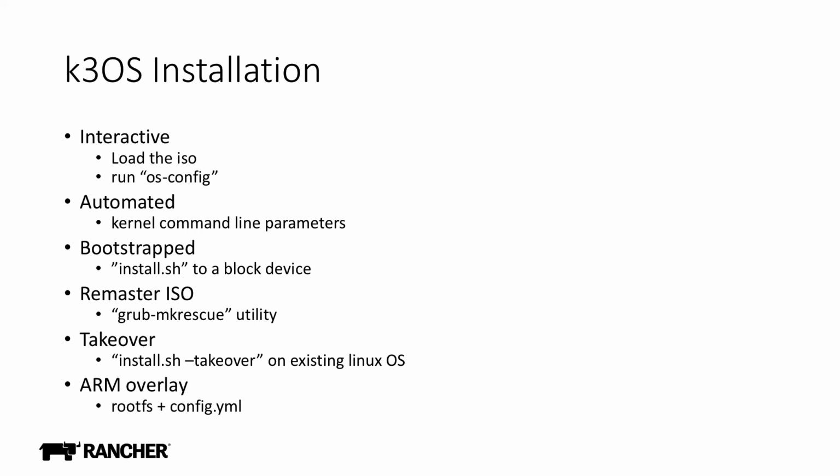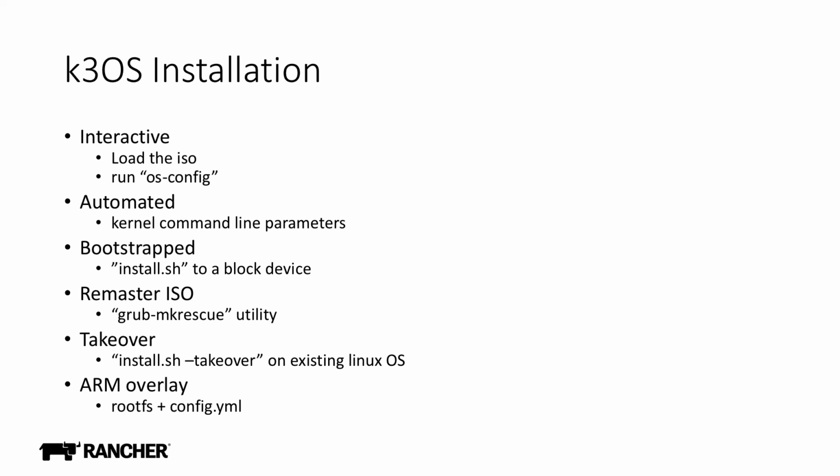You can use grub make rescue to remaster the ISO. That's a utility you would obviously need to run on a system that has access to grub and grub make rescue. You can do a takeover installation.